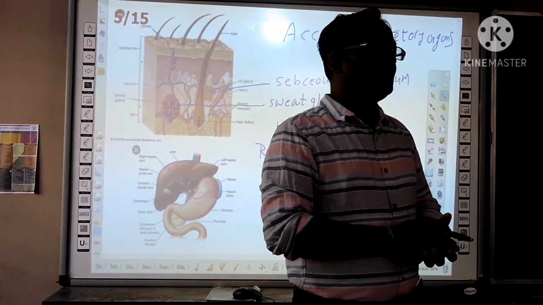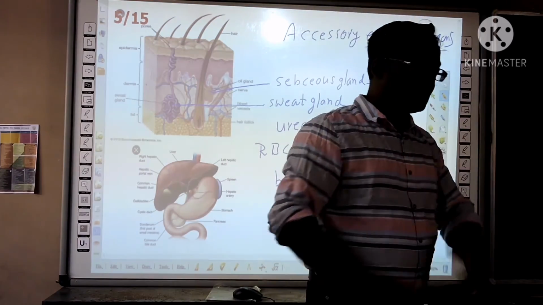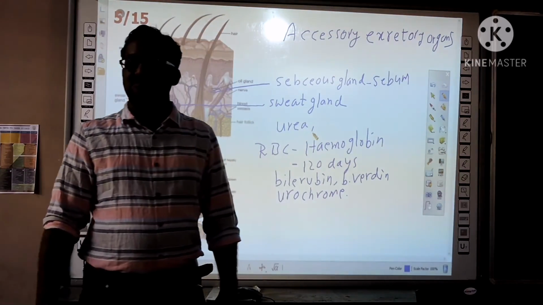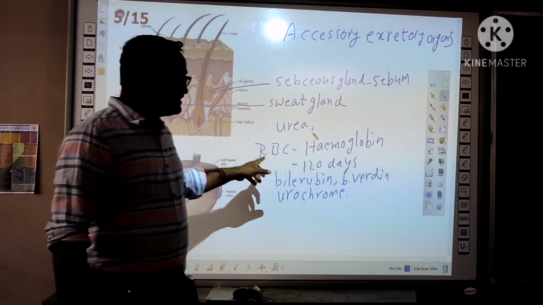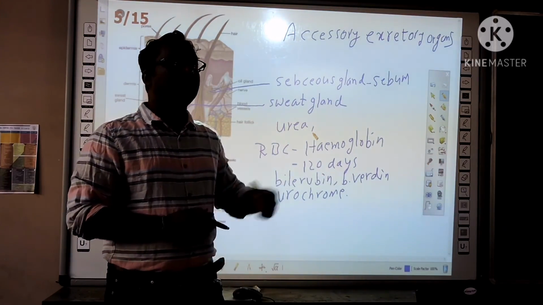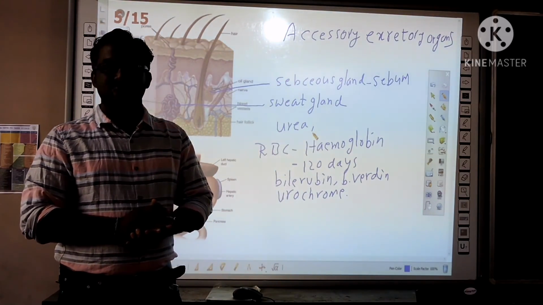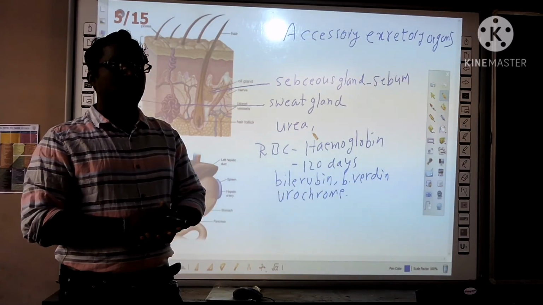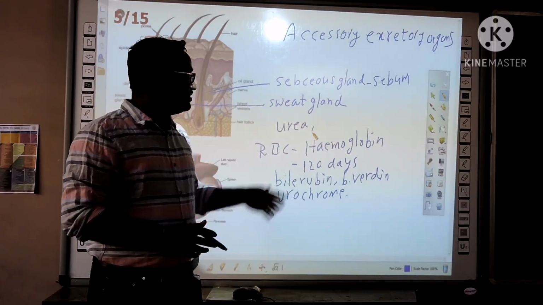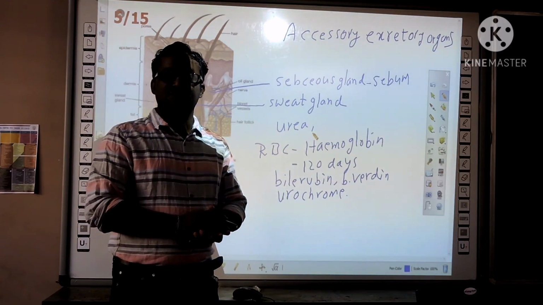They reach the liver, and the liver does the detoxification process. In that process also, some waste materials are produced. So along with the urea, the excess drugs and steroids are removed from the body. Like that, the liver is involved in the removal of some pigments, urochrome, urea, excess drugs, and steroids.